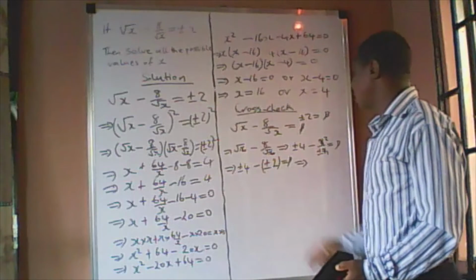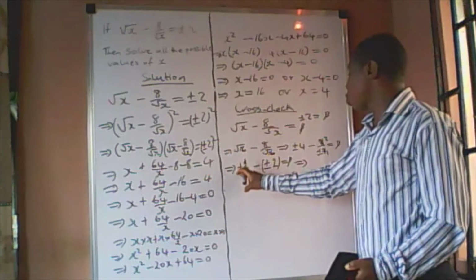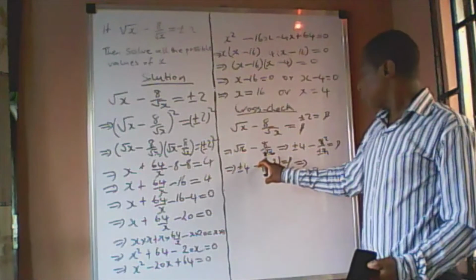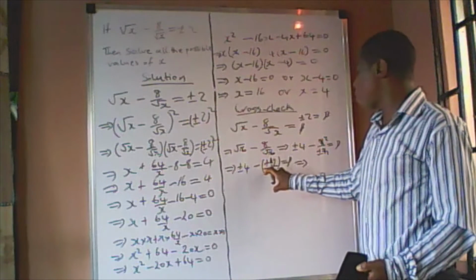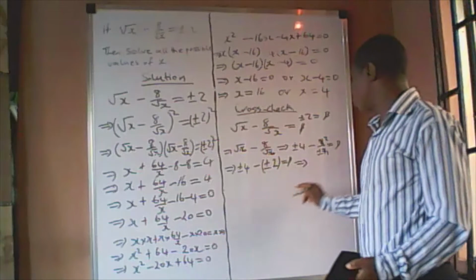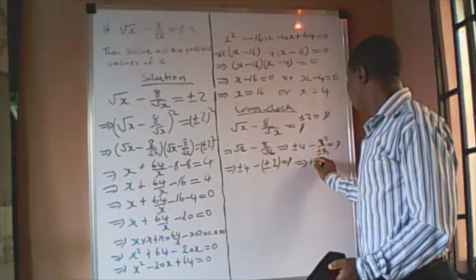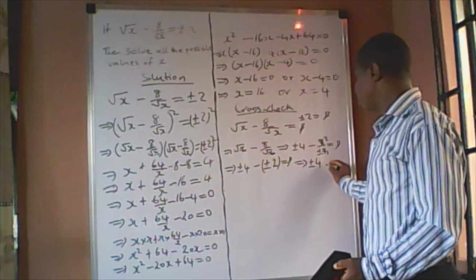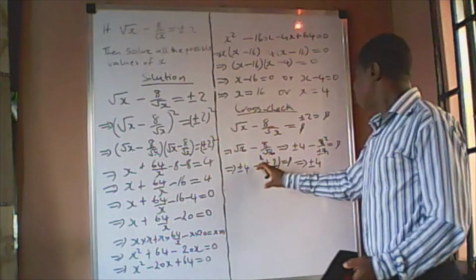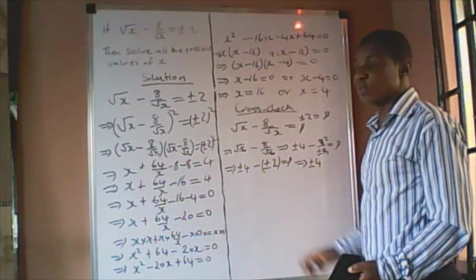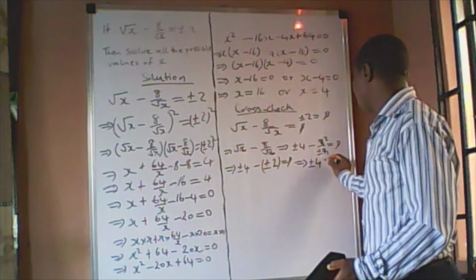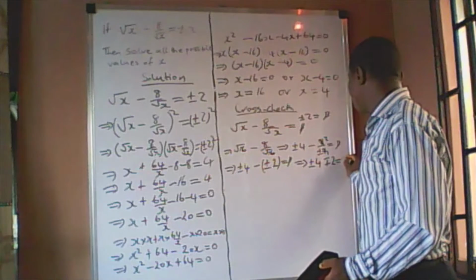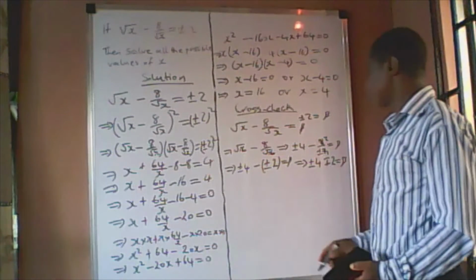It implies plus or minus 4 minus, times plus or minus will give us plus or minus 4. Minus times plus will give us minus. That means I have minus or plus 2 equal to beta.